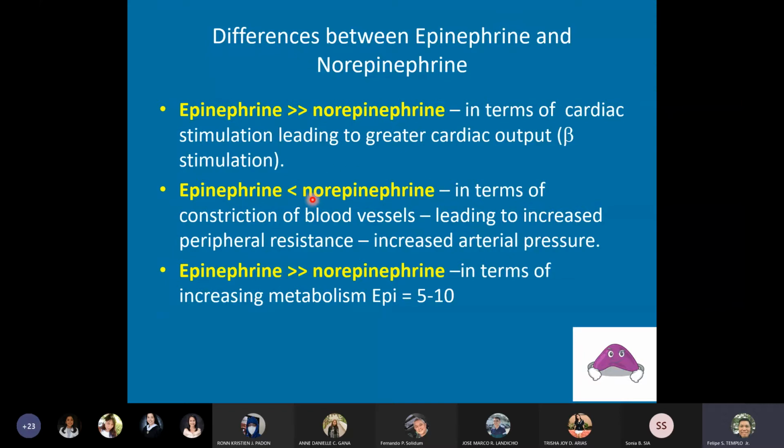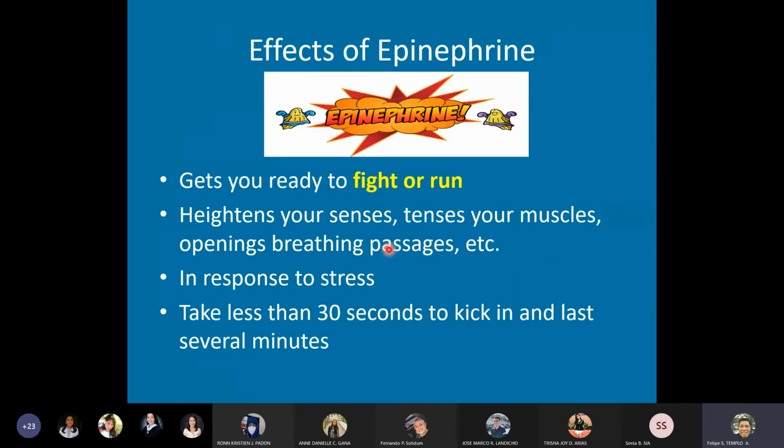It's not that epinephrine is actually less powerful. It is just that the norepinephrine is more available in blood vessels than epinephrine. That's the reason why it has a more potent action to increase your arterial pressure. But in general, of course, the epinephrine is more powerful than norepinephrine. So that is for fight or flight reactions.